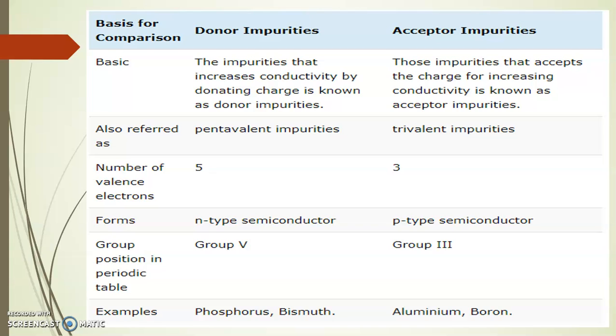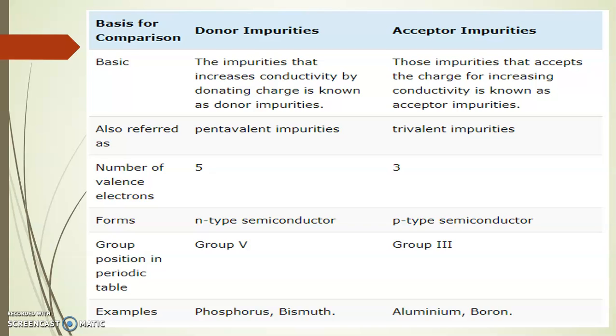So in this lecture we have studied semiconductors. Semiconductor means the property lies between the conductor and insulator. You know, a conductor has high conductivity, that is, it allows more electrons to flow. An insulator does not allow the electrons to flow.